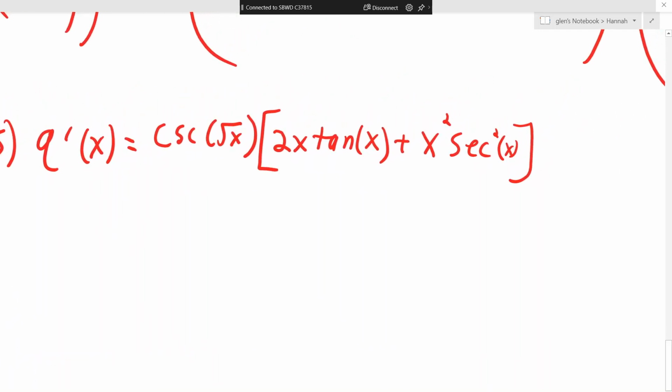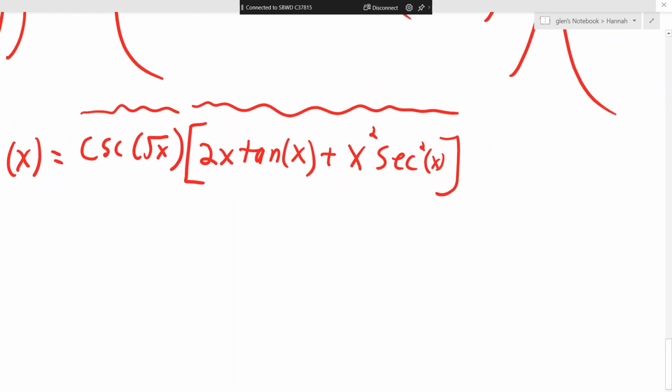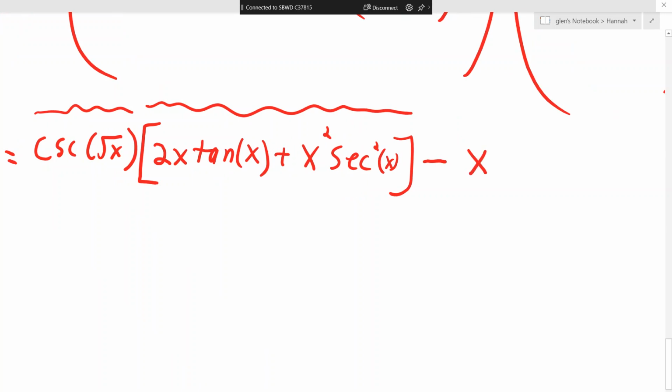Does everybody see that that is just the low times the derivative of the high? And the only things we're actually deriving here, gang, are the functions I gave you, the power rule and the trig functions, basically. The product rule just tells you where each piece goes. Minus the numerator, which was x squared tangent x, times the derivative of the denominator.